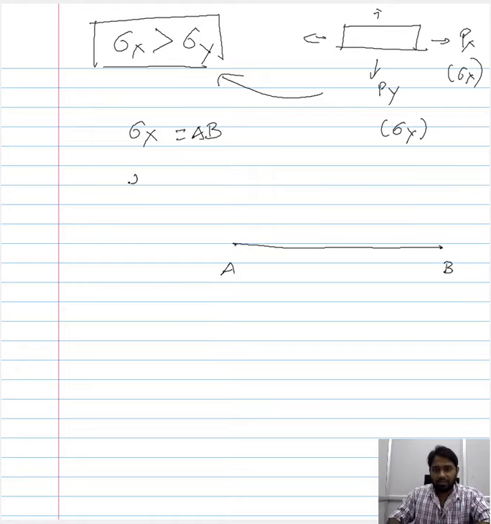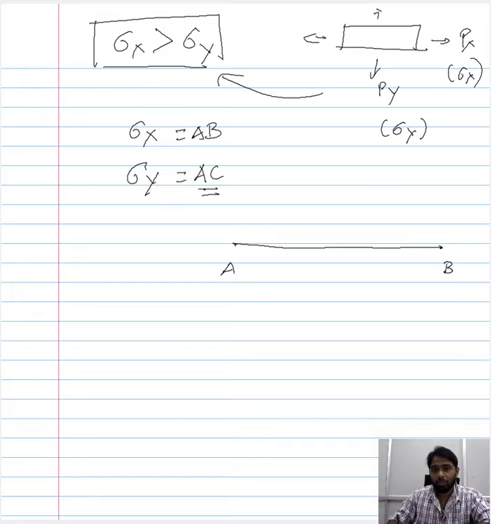Now let us represent the other stress that is mutually perpendicular to the x direction, which is imposed on the three-dimensional material, as AC. Since AC is less than AB, if we introduce this stress in this region, it will fall within this line AB, since we are working under the condition that the stress along the x direction is greater than the stress along the y direction.